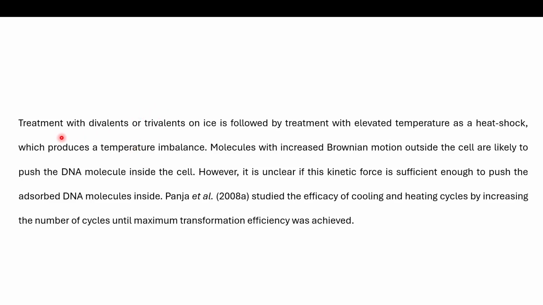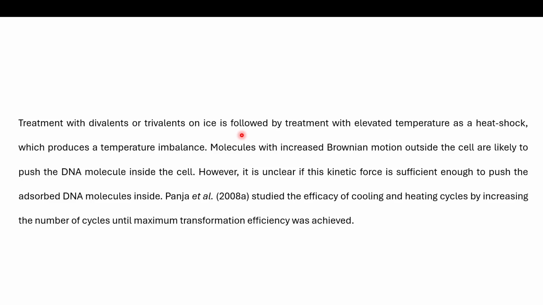And when the cells are treated with divalent or trivalent ions on ice, then they are given a heat shock. Generally it's 42 degrees Celsius, directly from 4 degrees Celsius to 42 degrees Celsius, and the time is usually 90 seconds.